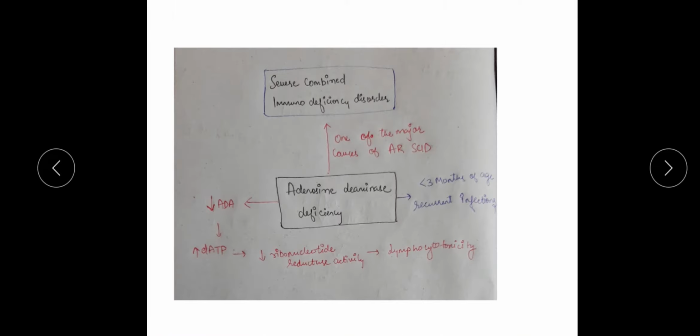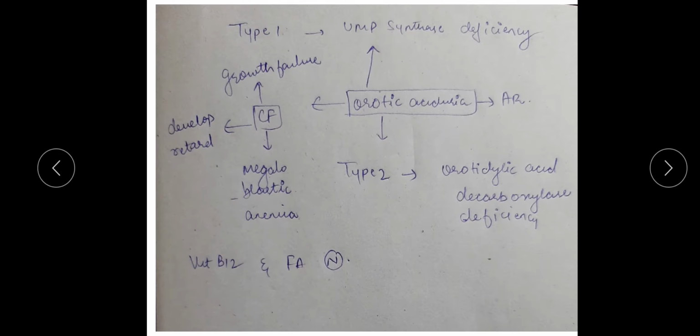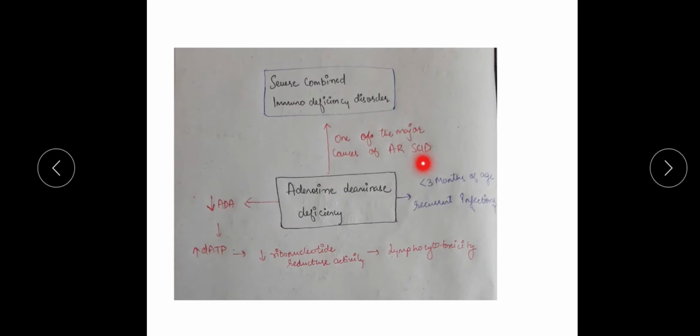This is very important. Next, adenosine deaminase deficiency. As I have told you, it converts adenosine to inosine. It is one of the major causes of autosomal recessive severe combined immunodeficiency disorder. The main thing is decreased adenosine deaminase, which results in increased deoxy ATP and decreased ribonucleotide reductase activity.